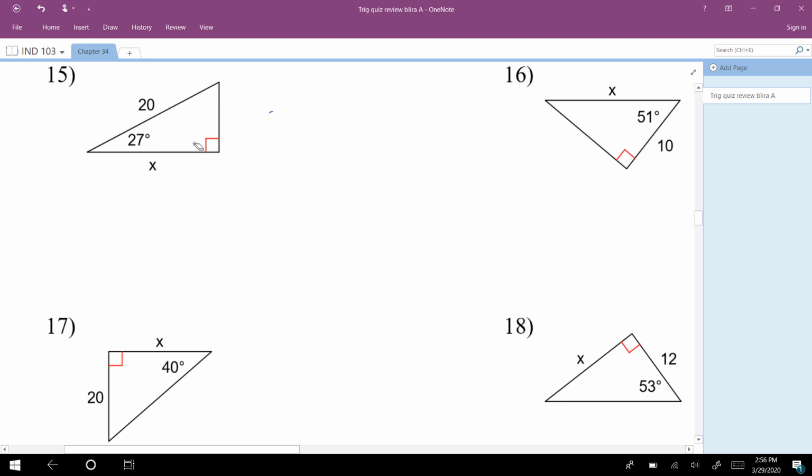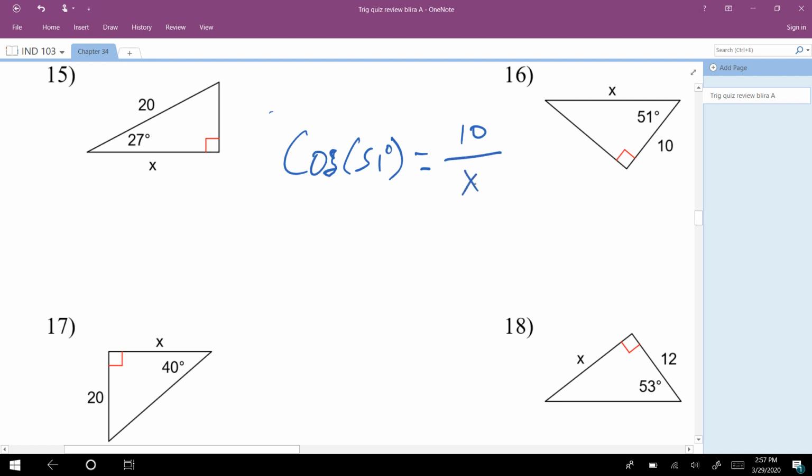So here, now we definitely have an adjacent side and we have a hypotenuse. But now it becomes cosine of 51 degrees is equal to, we have the adjacent, 10 over x.